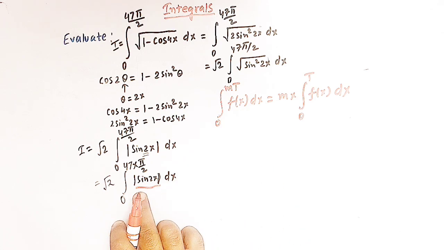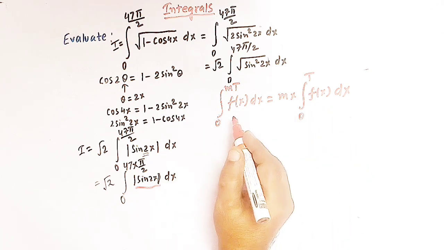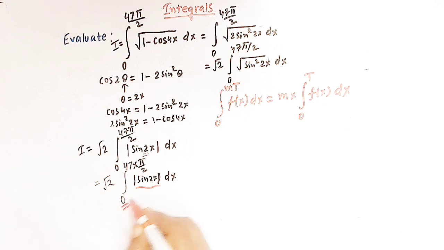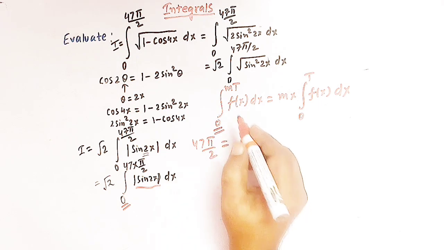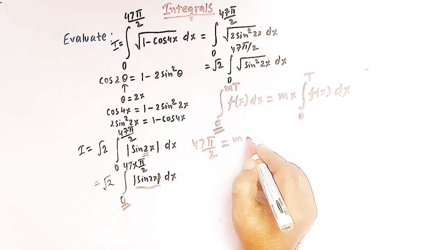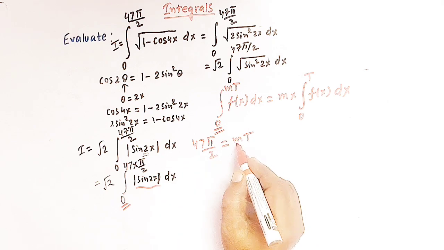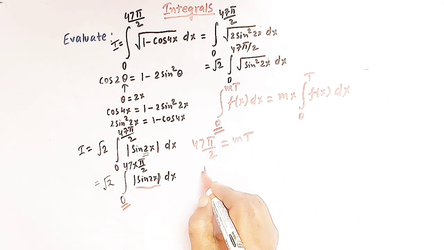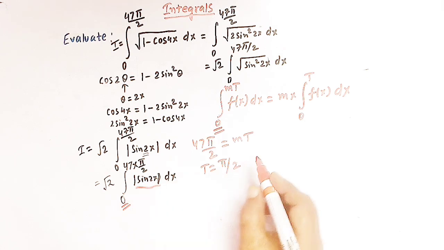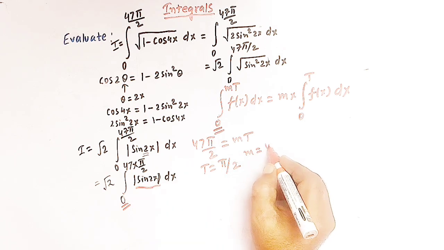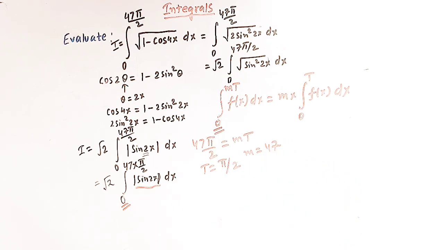And if we compare this integral with this one, then here we have 0, here also we have 0, and here the upper limit is 47 pi over 2, and this is equal to m times t. So if we compare both the sides, then t is pi by 2, which is the period of mod of sine 2x, and m is 47, which is a positive integer, right?